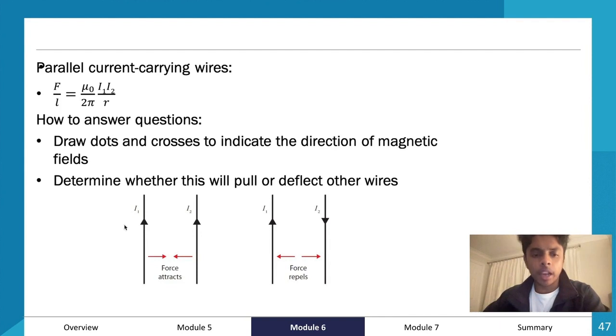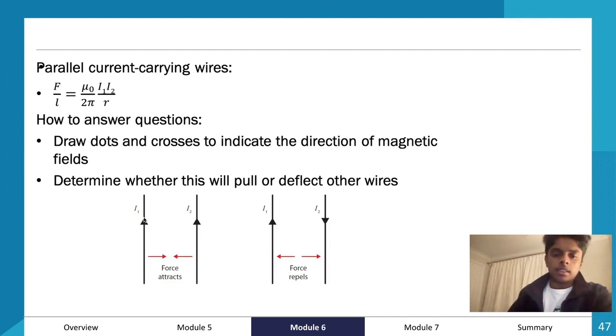So if we look at I1, I'll point my thumb upwards because it's going upwards, and my four fingers will go into the page. They will initially go into the page, which means that I1 will induce a magnetic field that goes into the page on I2, right? So if it's going into the page on I2, then to calculate the force, we can use the right-hand palm rule.